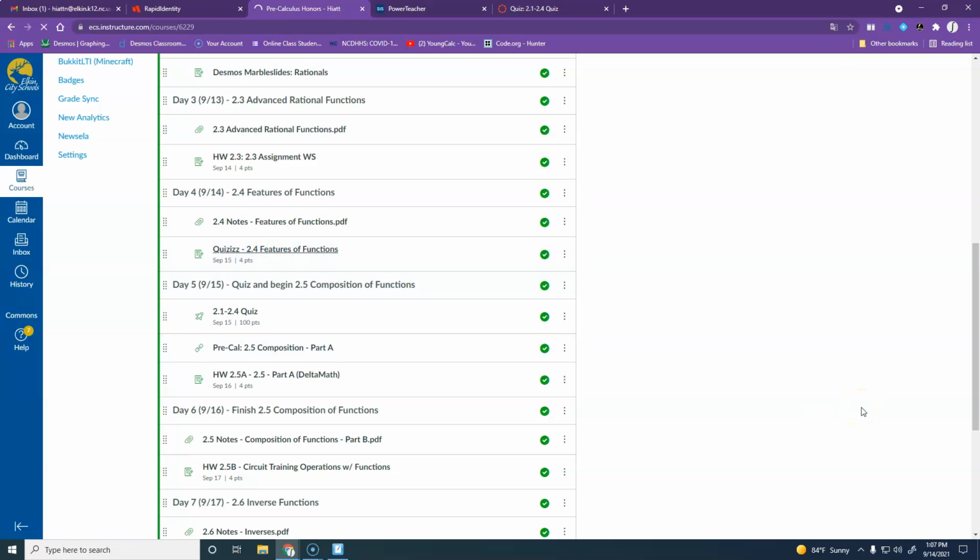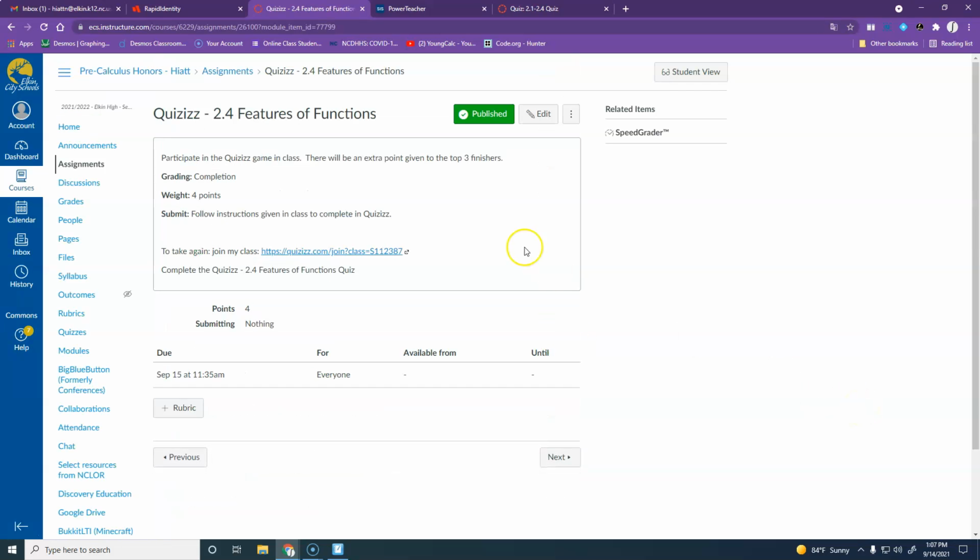Okay, let's see. I think if you click on this join code for the class, it is going to take you to the class. Then there should be one called 2.4 Features of Functions quiz that I have assigned to you. It's okay that I assigned it like a homework, so it's okay that we didn't get to it in class.